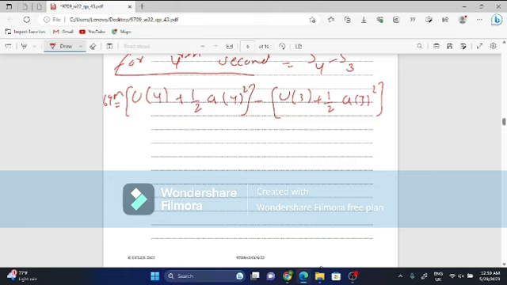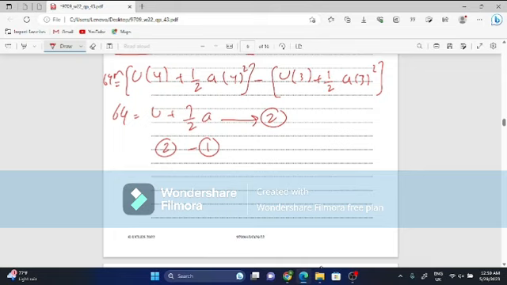Okay, so after doing simplification, that gives me 64 is equal to, I'm doing it directly, u plus 7 by 2 times a. This is the answer for the second scenario. Now I have to subtract equation number 2 minus equation number 1.